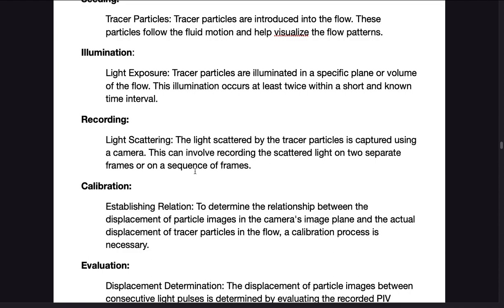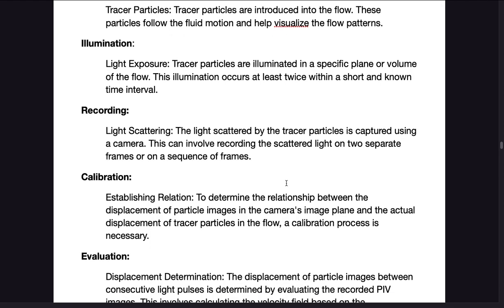Through the camera we capture the image of our fluid flow. This can involve recording the scattered light on two separate frames or a sequence of frames. यहाँ हम मल्टीपल फ्रेम्स लेते हैं या फिर दो सेपरेट फ्रेम कैप्चर करते हैं to track the tracer particles.